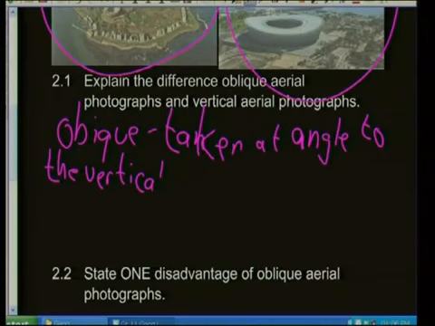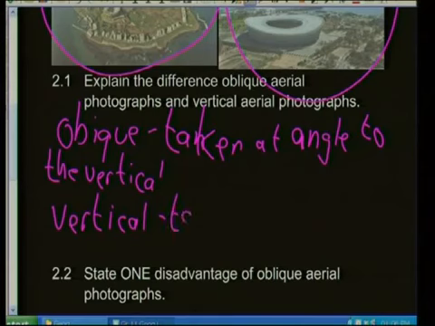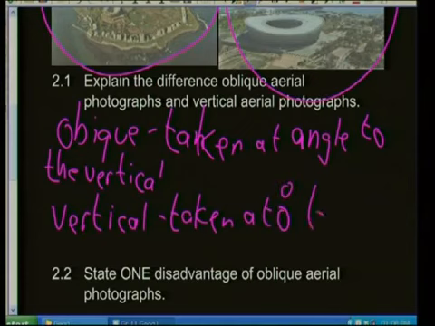And a vertical aerial photograph is taken at 0 degrees to the vertical. That means directly above.